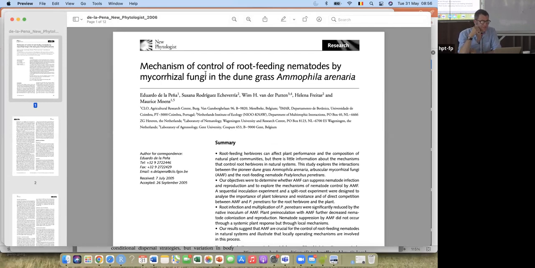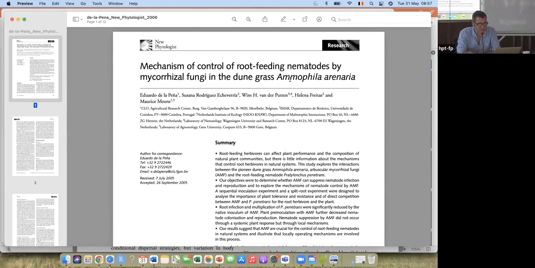It's an old paper, from 2006, but it was published in a quite Q1 scientific journal, New Phytologist. This is a scientific journal on plant sciences, but it's mainly focused on mechanisms. It's interested in mechanistic research, trying to understand the interaction of plants with different groups.